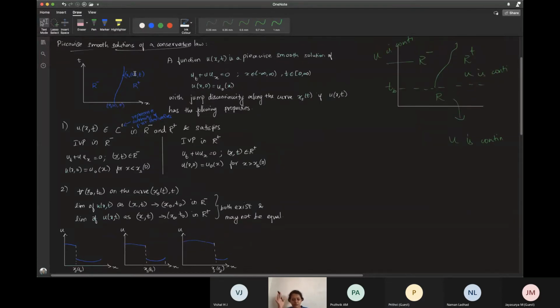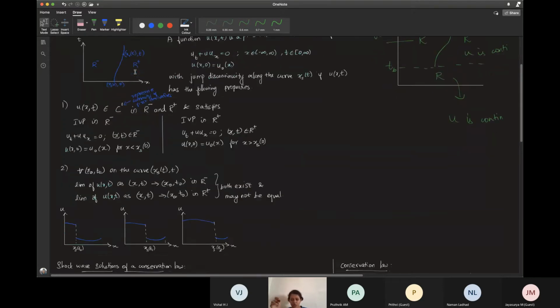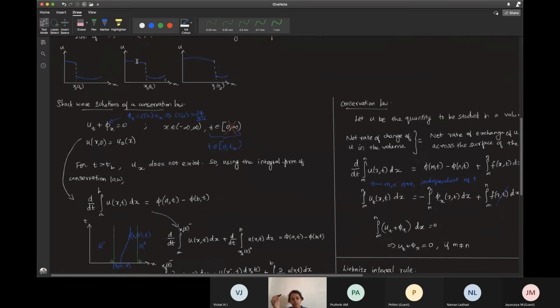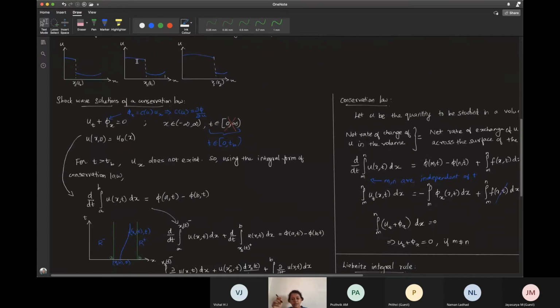So we have said that U must be piecewise continuous. That is, it must be continuous on both left and right regions of the shock. Across the shock, it must be continuous, but not along the shock. So now we need to find, we have just drawn the characteristic, right? We have not yet found the slope of the characteristic at each and every point.